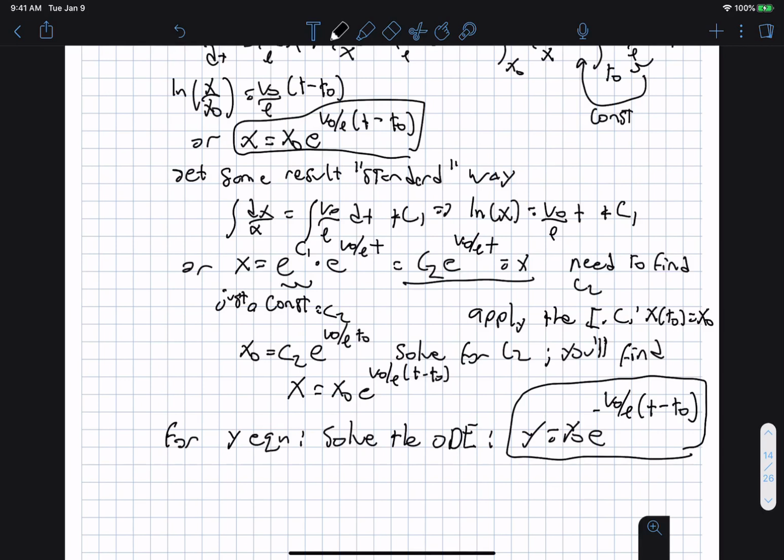Okay, and so here, these are the solutions to the ODE. Notice we have not made any assumptions as to where we are releasing the particle. We've made no assumptions as to the final time, and we've made no assumptions as to the release time of the particles.